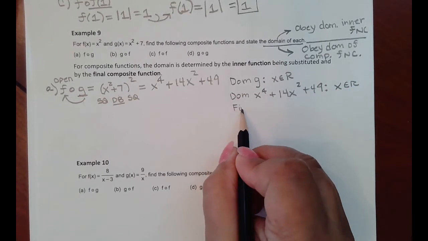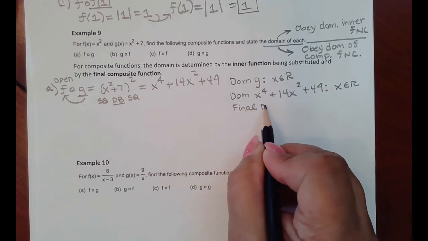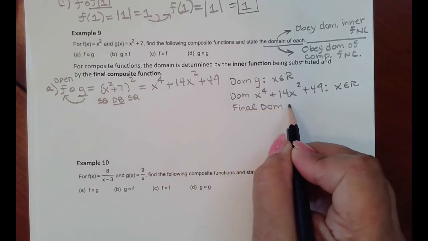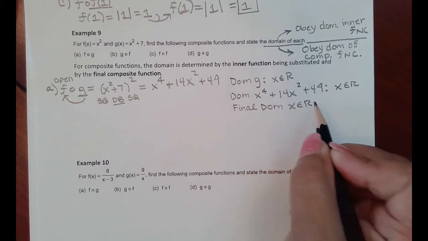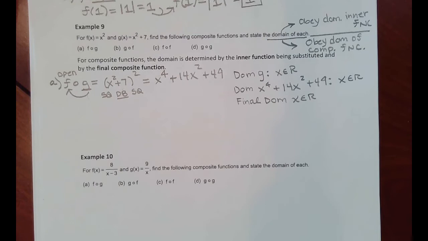Therefore, final domain is x can be any real number. And in my math lab, for an answer like that, since they don't have this symbol for all real numbers in there, it'll just be a pull down menu where it will be in sentence form and it'll say x can be any real number for the domain.